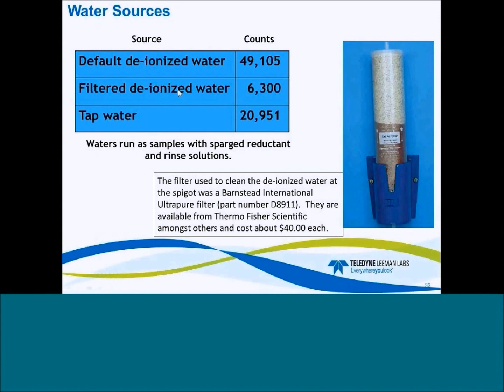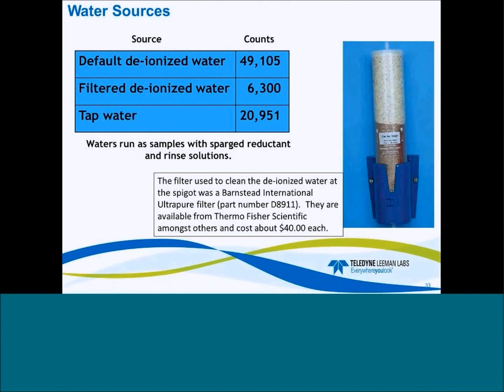We've found that quite often the deionized source that you use may be a source of contamination, especially if it's plumbed through part of the building and into the area where your samples are going to be digested or analyzed.